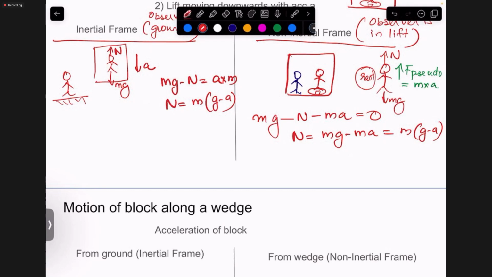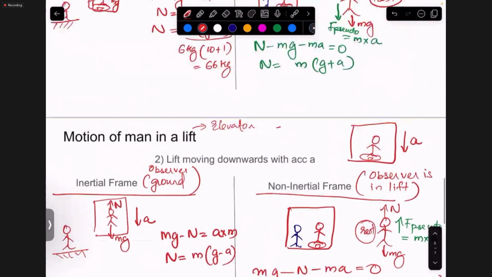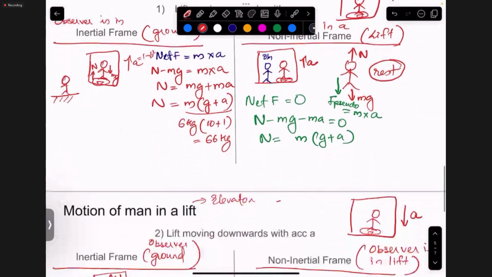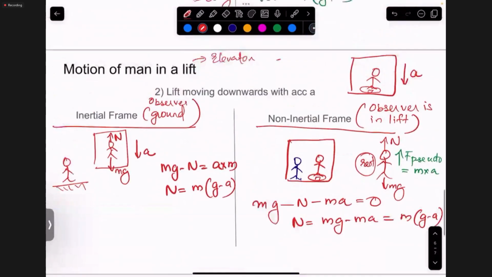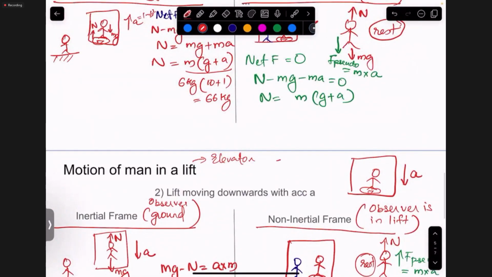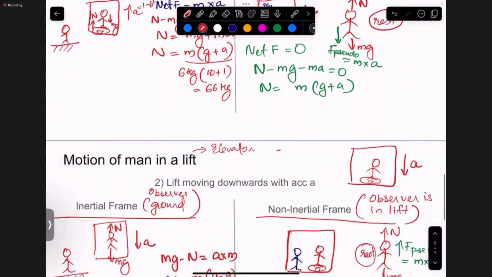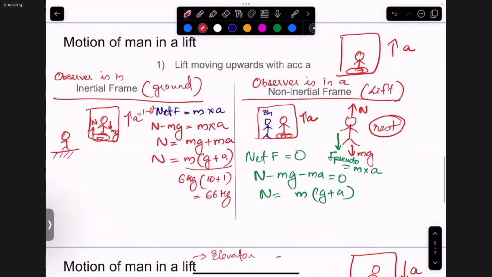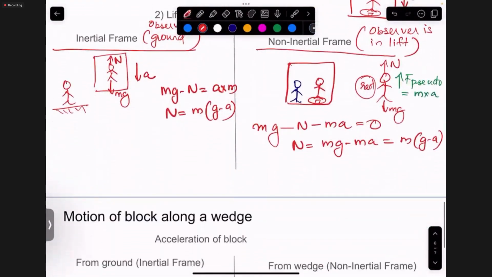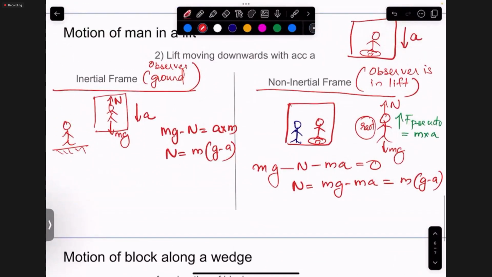So that is the difference between the lift moving upwards and downwards with the same acceleration. One, you will perceive a higher normal reaction when the lift is moving upwards, and when the lift is moving downwards, the observer will perceive a decrement in the normal reaction magnitude.